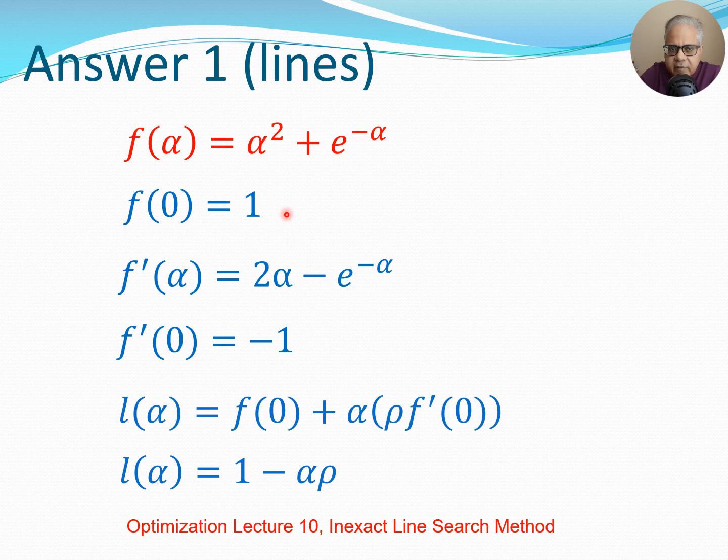Now once I get f0 and f dash 0, I can write the equation of the line by substituting f0 is 1 and f dash 0 is minus 1, and once I do that I get this particular equation here. So now you can see this equation is going to vary depending on the value of rho I select. Now for more details, of course, take a look at optimization lecture 10 on the Armijo's rule.